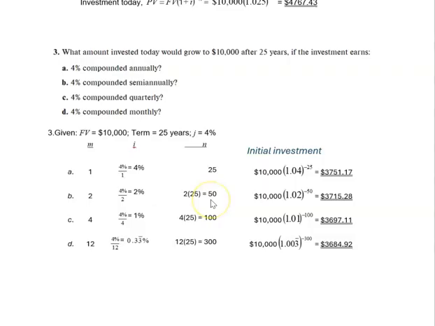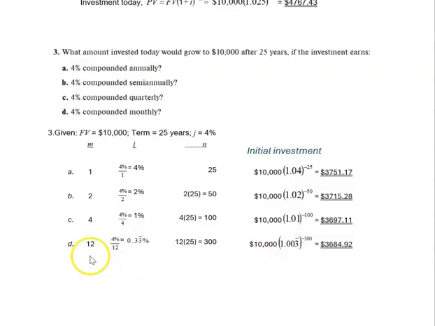For your second solution, where it's semi-annual, your exponent's going to be negative 50, so 3715.28. For your third one, because it's being compounded quarterly, your N is 100, so you need to turn that into negative 100, and your periodic interest rate is 1%.